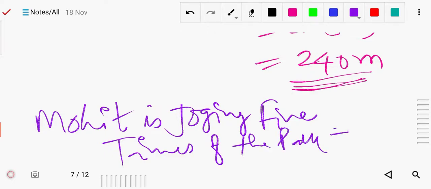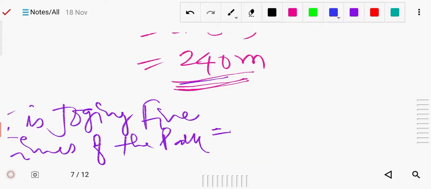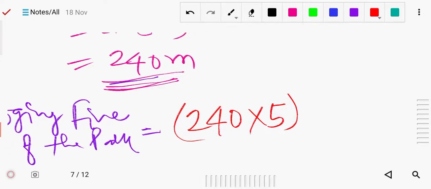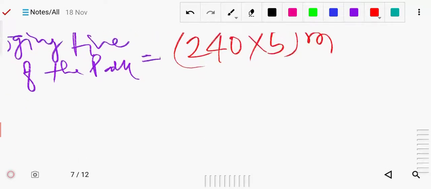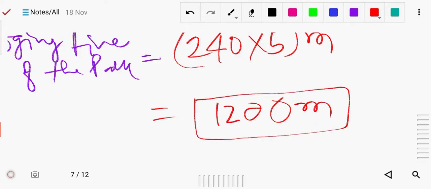In one time he travels 240, so in 5 times he will travel 240 multiplied by 5. Multiplying: 5 times 0 is 0, 5 times 4 is 20, carry 2, so it is 1200 meter. So 1200 meter he will jog every morning.